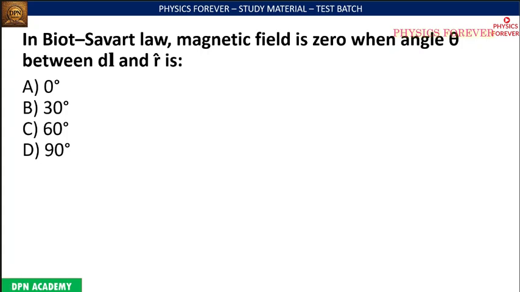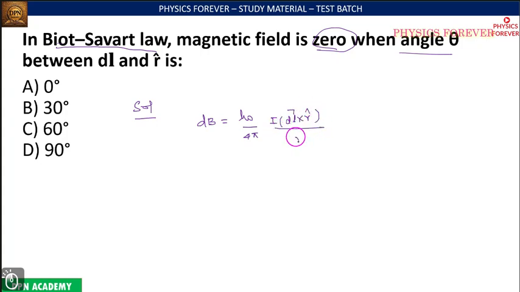So question third: in Biot-Savart's law the magnetic field is 0 when the angle theta between dl and r is? So how to write? We know the formula. That should be the Biot-Savart formula. dB is equal to mu naught by 4 pi, I into dl vector cross r cap by r square.